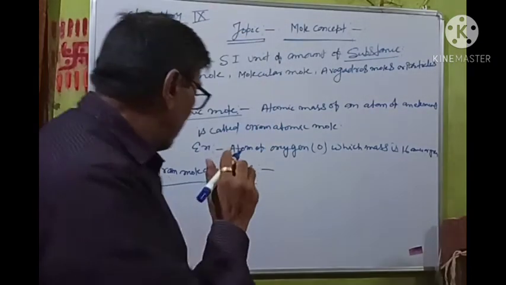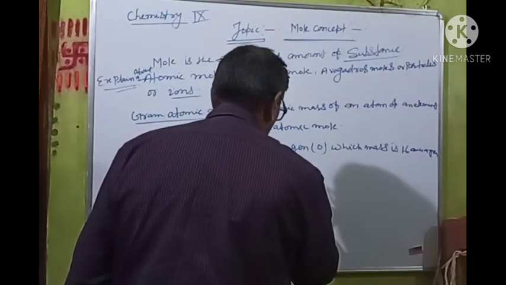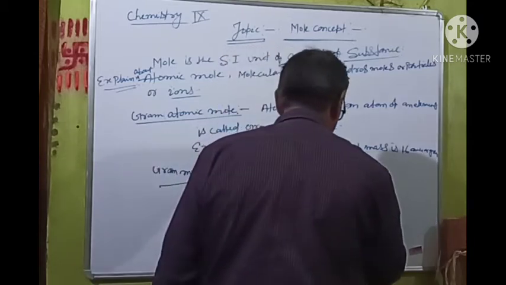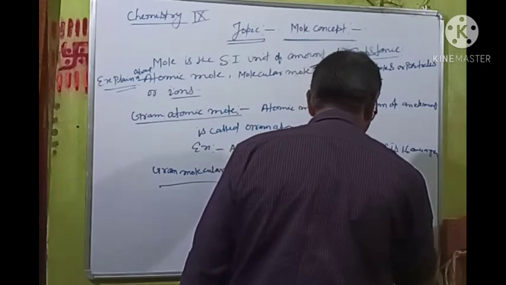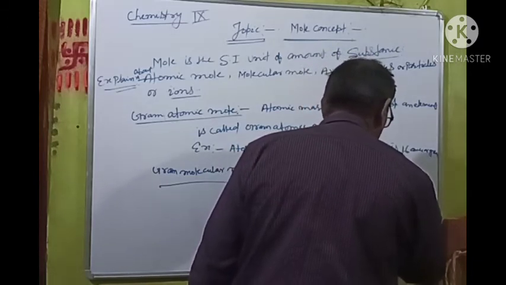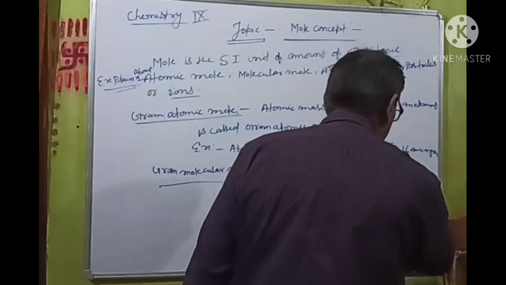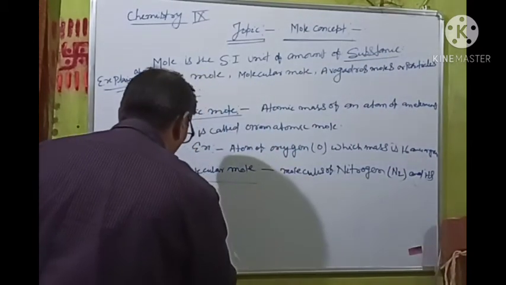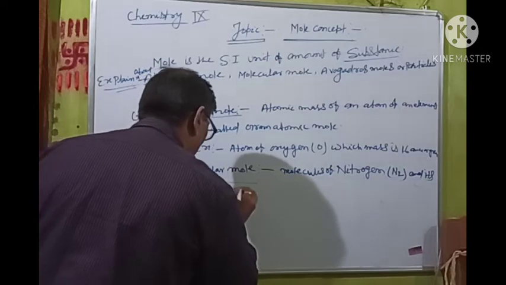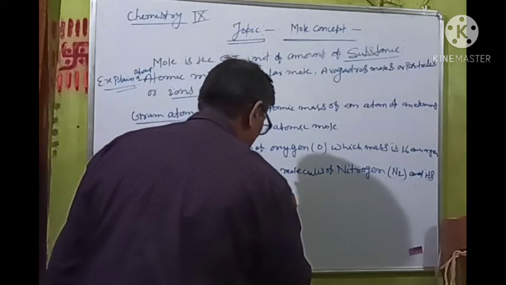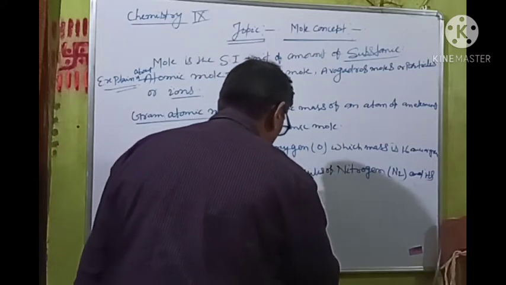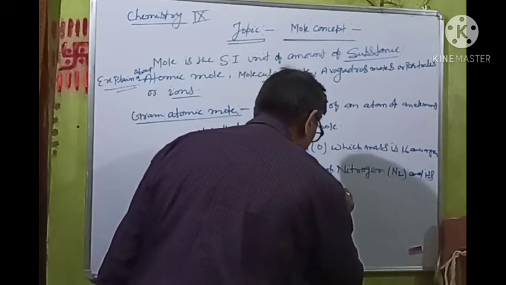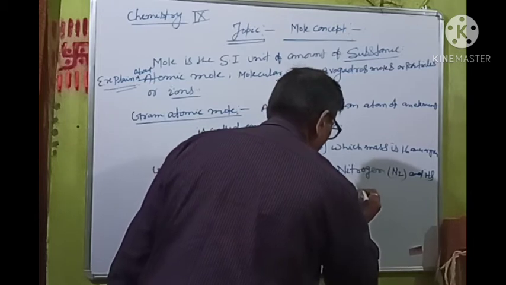For example, the molecule of nitrogen, which is denoted by N2, and its molecular mass is 14 times 2, 28 AMU or gram.